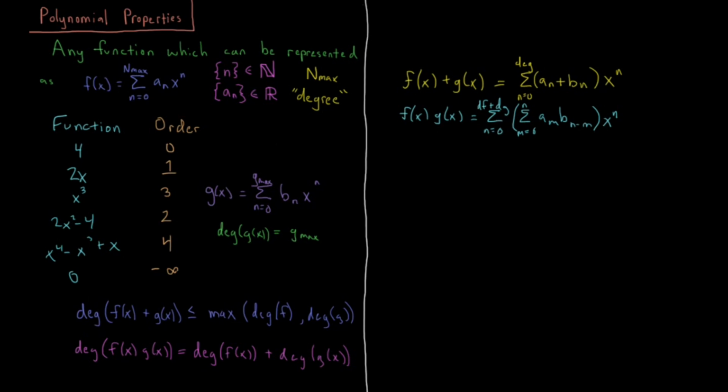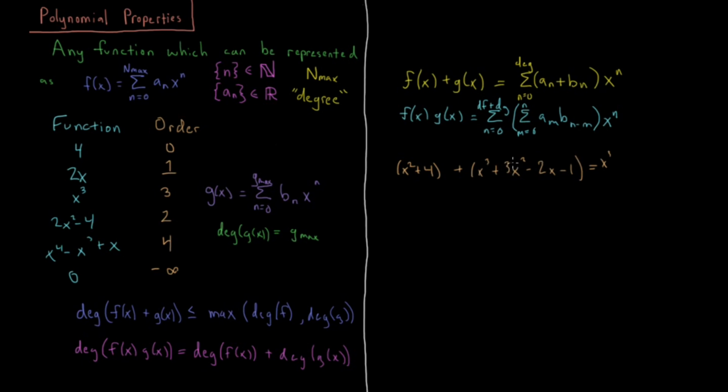All right, so an example of addition. So let's say x squared plus 4 plus x cubed plus 3x squared minus 2x minus 1. What does this equal? So we're just adding up the coefficients at each order. So x cubed, there's only one x cubed term, so that stays.